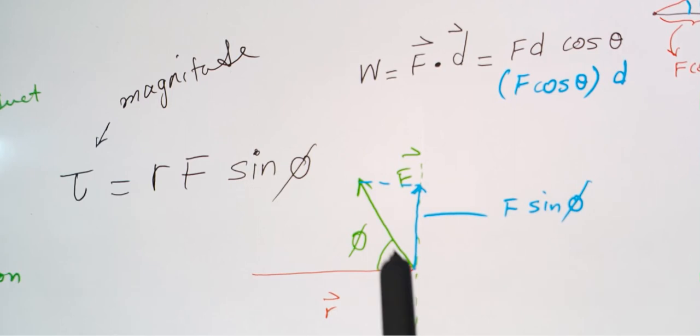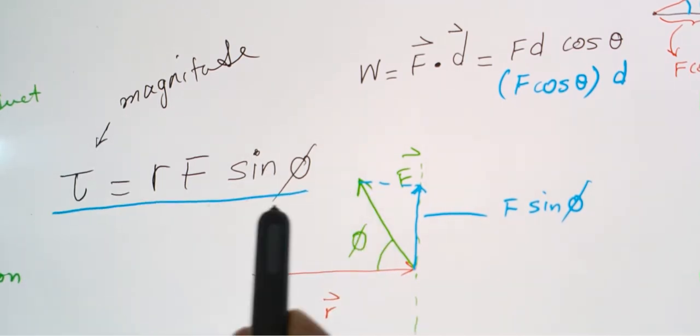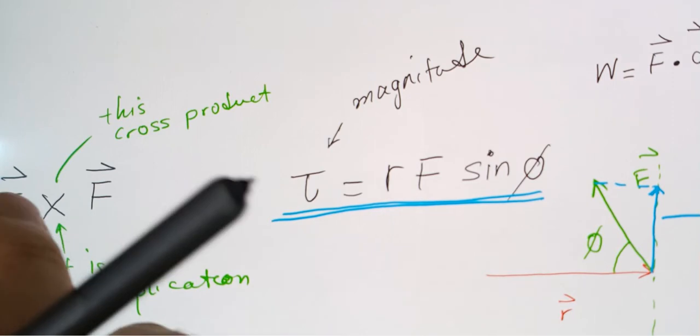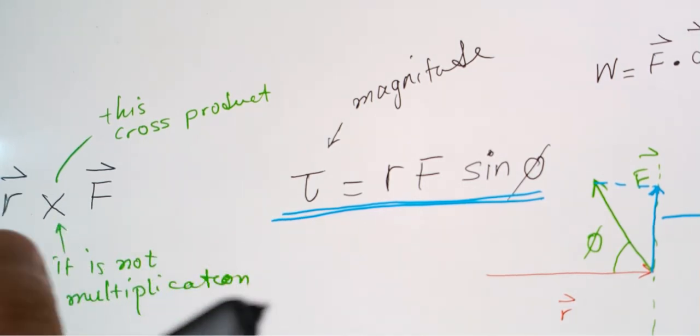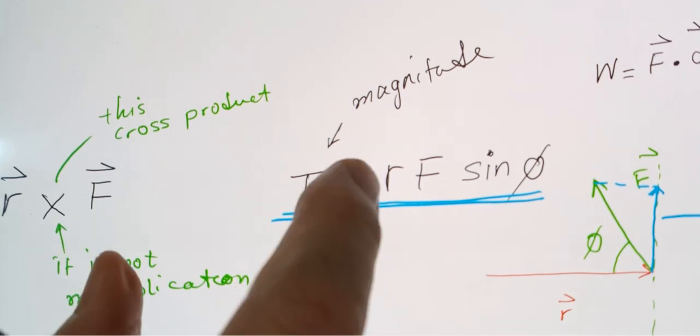The other component will not do torque for me. Only the component which is perpendicular will produce torque. So that is the meaning of the magnitude of the cross product. Cross product means perpendicular, so we use sine theta. That means we are talking only about the perpendicular component that will produce torque.